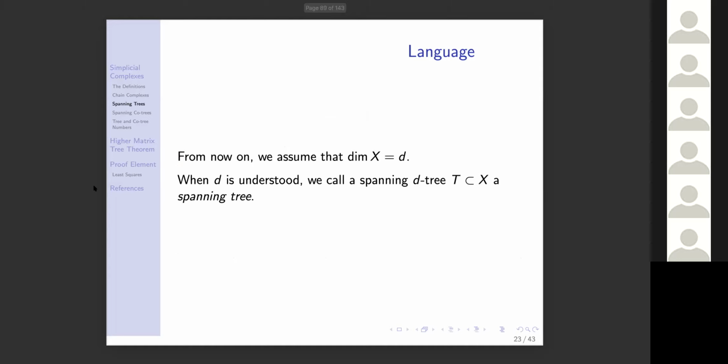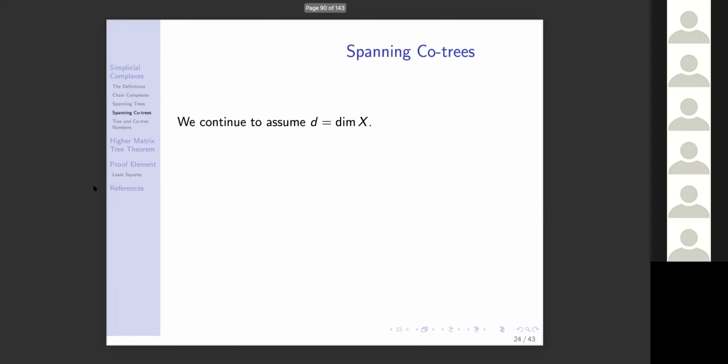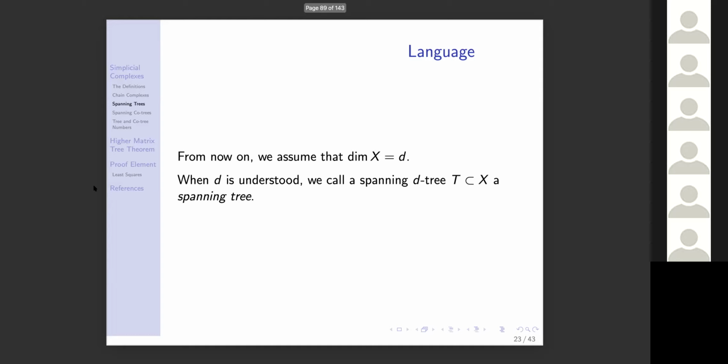So when D is understood, we'll call a spanning D tree a spanning tree. I just want to simplify language here. So we could talk about a spanning tree in a simplicial complex of degree D is a spanning D tree. And so from now on, X will always have dimension D.